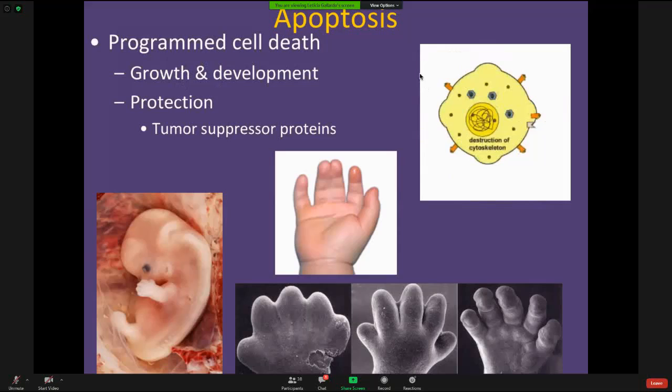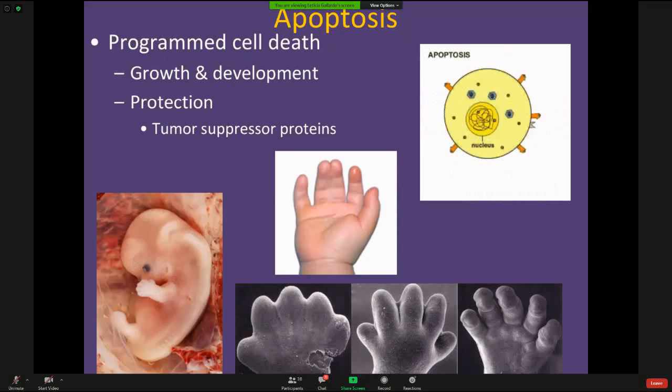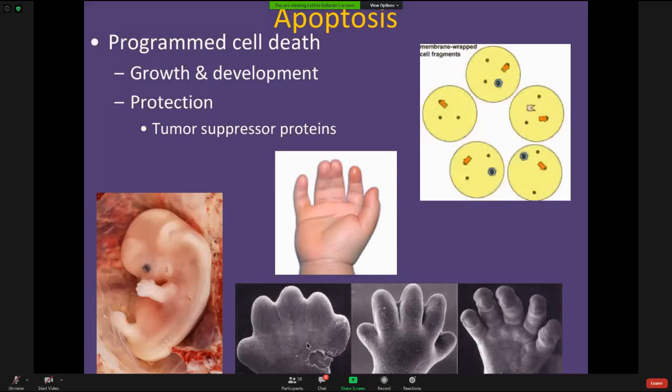So what the images here are showing you is how apoptosis is used during embryonic development. We have to go from a ball of cells to a three-dimensional organism. And that's going to involve adding cells to some places, but killing off cells in other places. So here you can see an embryonic human hand developing.